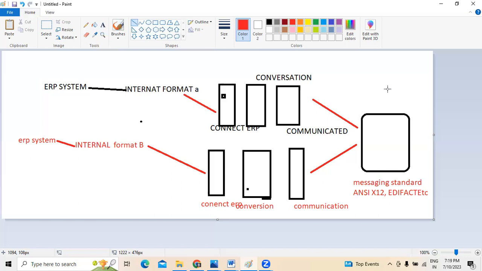So for two systems to connect, would they both have to be the same? You're asking Facets to QNXT or QNXT to ERP. The configurations have to be made. That's where the configurations and data mapping have to be taken care of. This is where Facets configurations come into the picture.